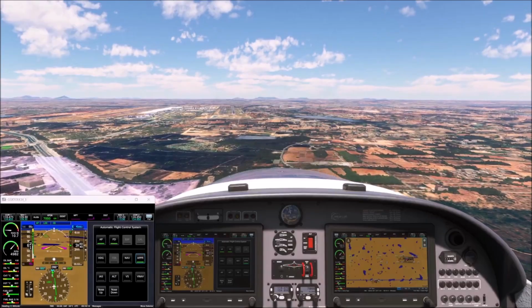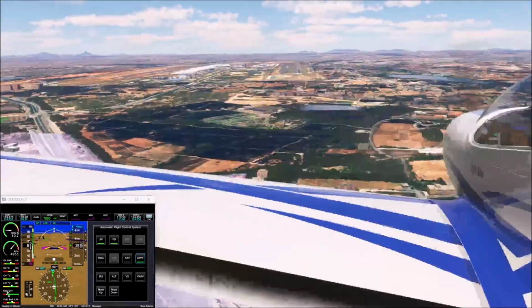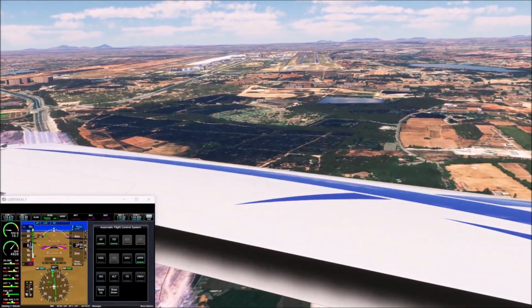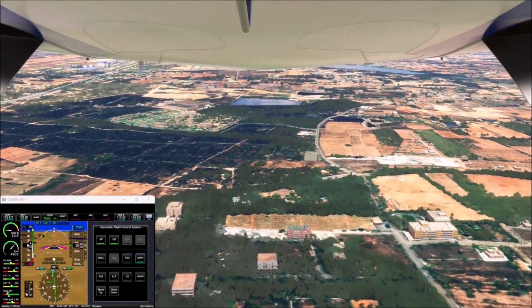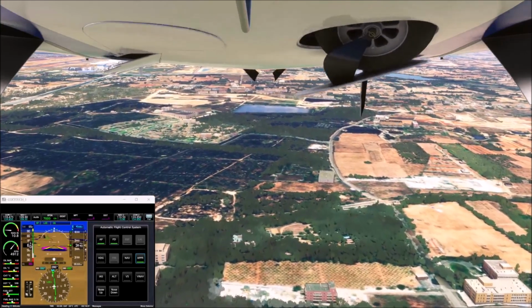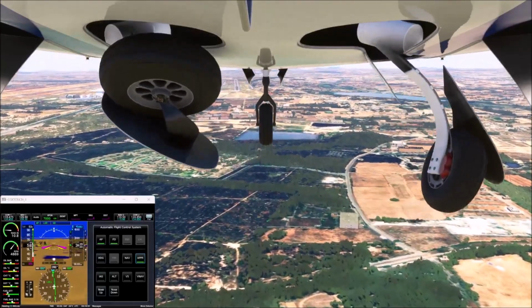Okay? You see my flaps are extended, a speed of about 60. You see, by coincidence, this time I remember to extend my gear. For some reason, I always forget my gear.